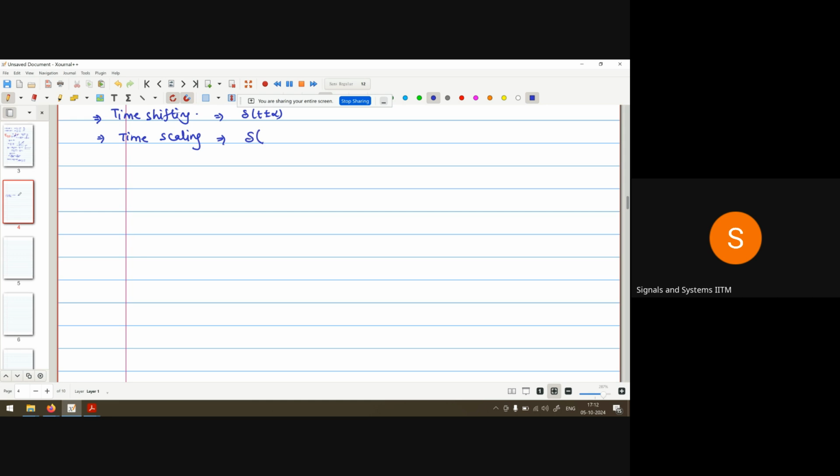Now if del of t is equal to 1 at t is equal to 0 and 0 at t is not equal to 0, okay, so if I take the del of alpha t, the value is 1 upon mod of alpha del of t.